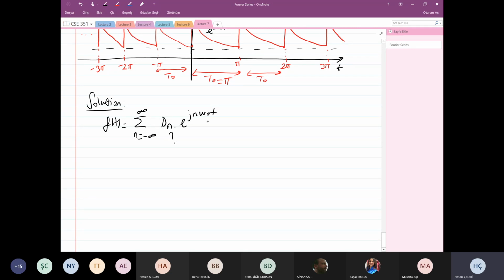So we have two unknowns, omega 0 and the Dn coefficients. And omega 0 was equal to, remember guys, 2 pi over T0.